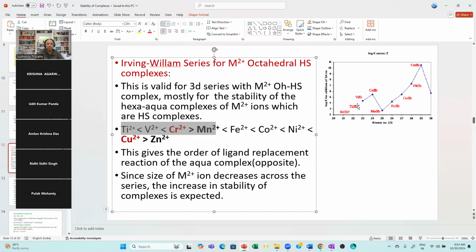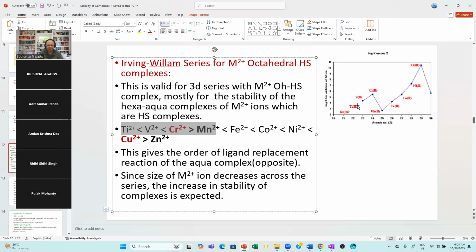We expect a hump at the d3 configuration, chromium. d3 is chromium 3 plus. Chromium 0 is 4s1 3d5. Chromium 3 plus is 4s0 and 3d3. Three electrons will be there. So chromium should be on the top.